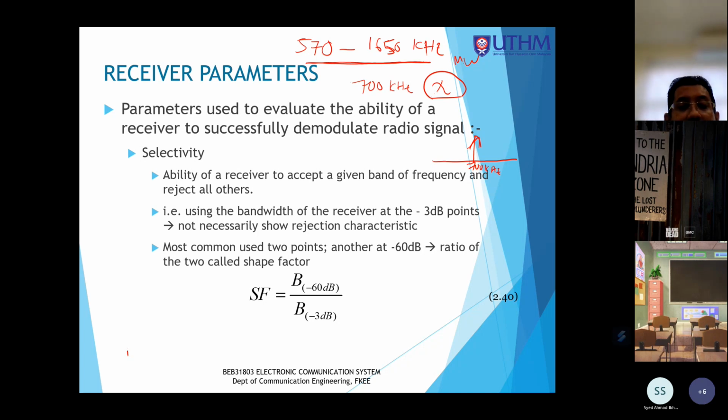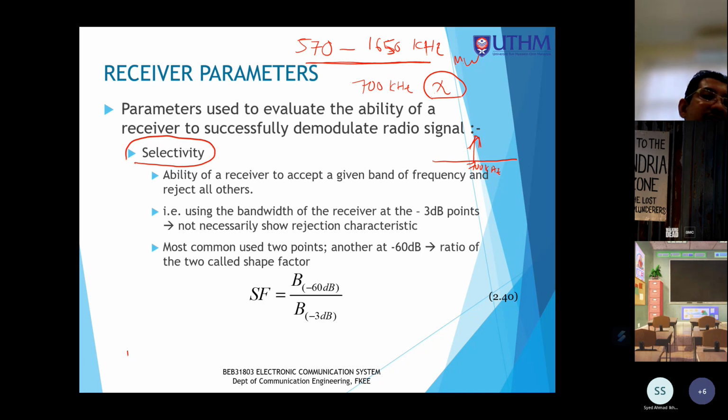Kalau you lihat di sini, topik ini adalah receiver parameter yang dimulakan dengan selectivity parameter. Remember dalam receiver kita ada beberapa parameter penting yang mengukur performance of the receiver.